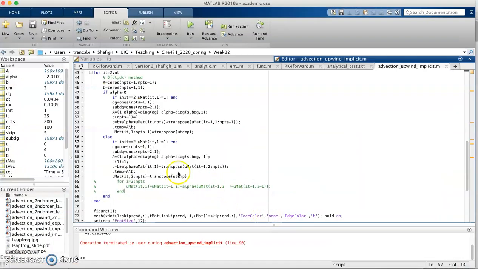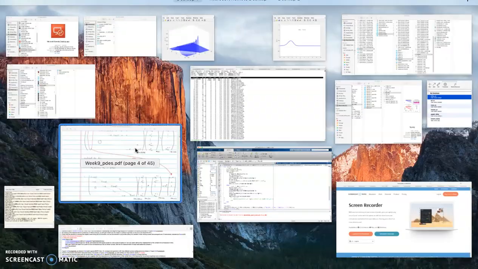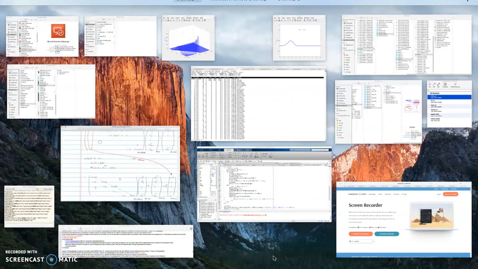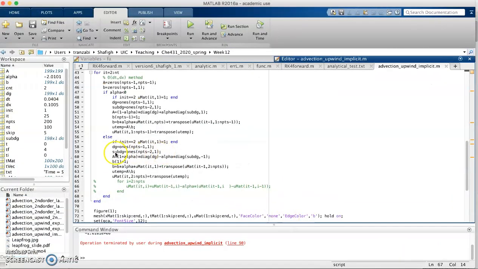And the way we do this in MATLAB is I create this dg vector to be n minus 1, basically just ones along this vector with n minus 1 elements. N minus 1 because my matrix dimension is basically n minus 1. I also create a subdiagonal vector with n minus 2 because the subdiagonal always has 1 element less than the diagonal.